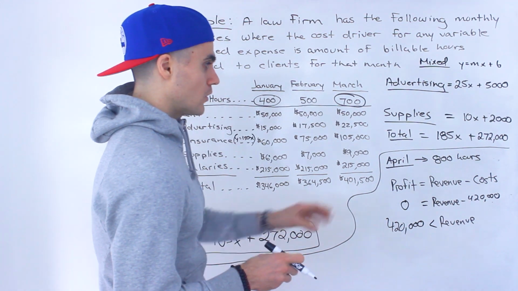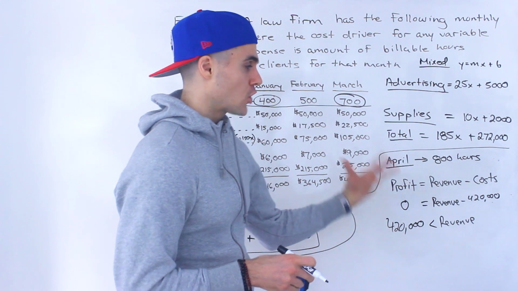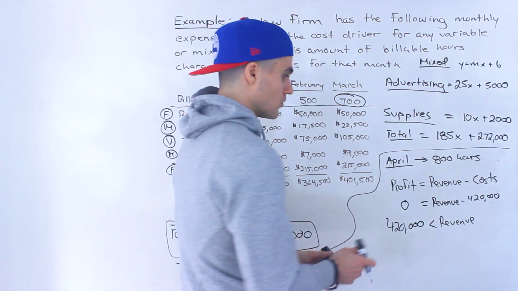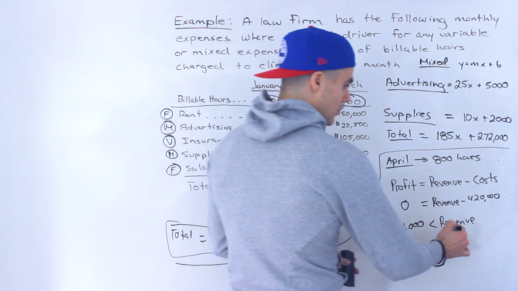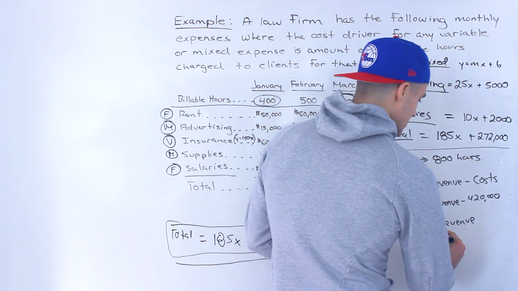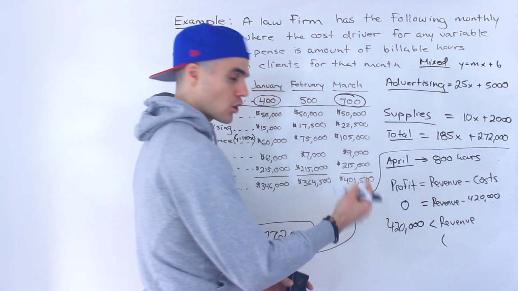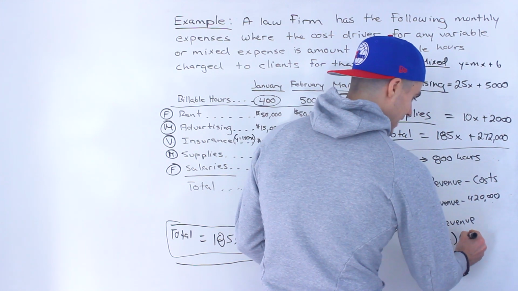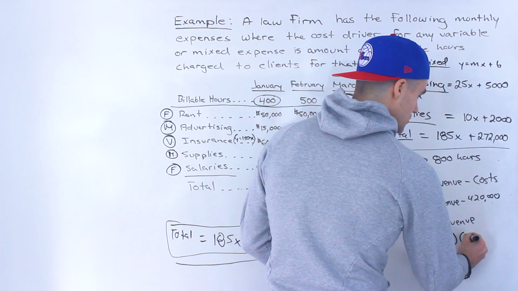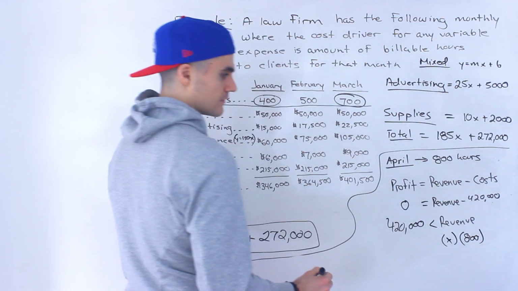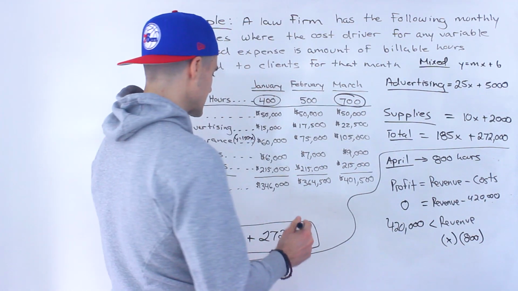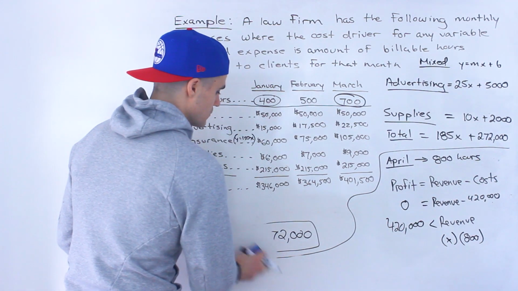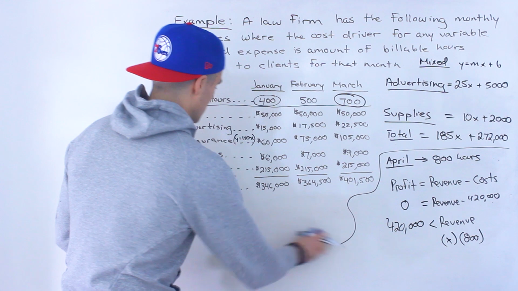Now, what did the question ask? What amount has to be charged per billable hour in order to be profitable? So basically, the revenue is going to be the amount that we're charging per billable hour, let's call it X, times the number of billable hours, which is 800. Does that make sense? Basically, let me write this here in words just so you have something to refer to.